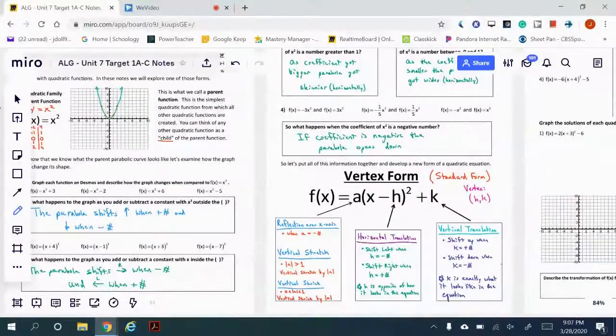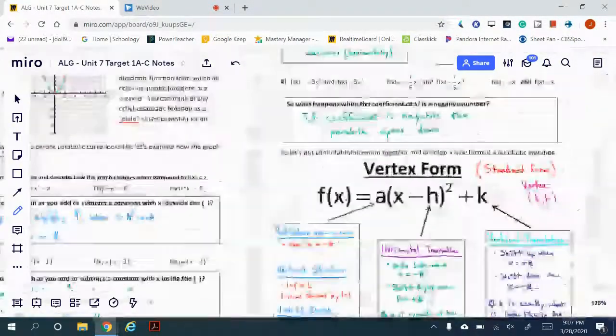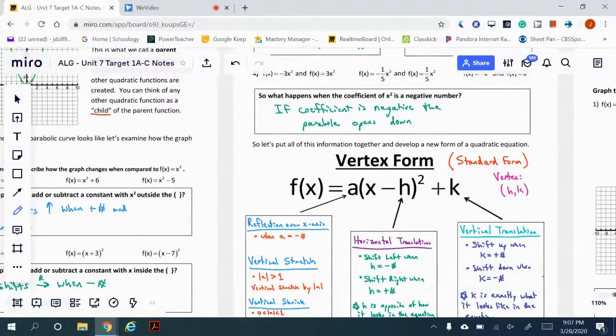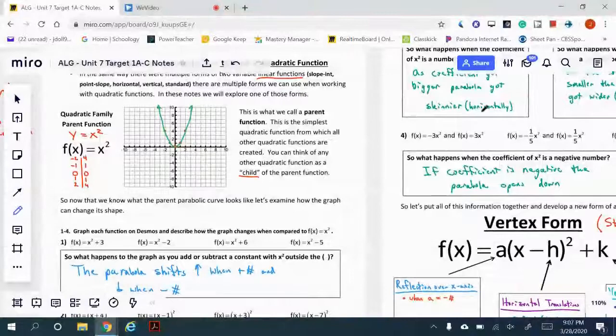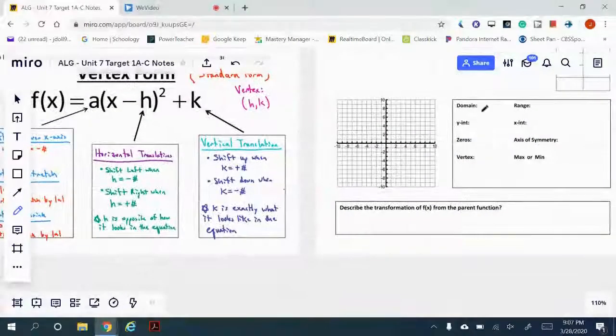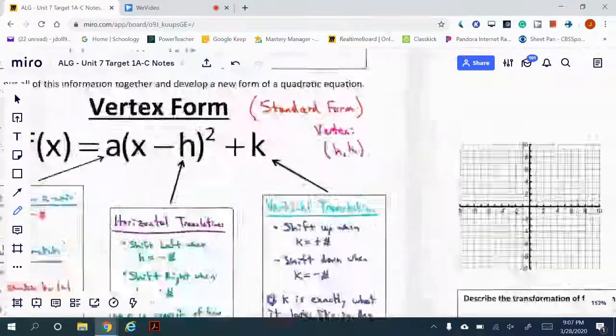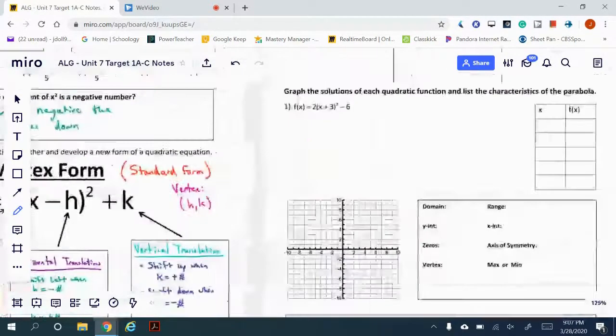Because the vertex of our parent function is 0, 0, H and K, when we shift up, down, left, or right, that is going to move that vertex from 0, 0 that exact amount of units, and define the vertex of our transformed parabola here. So one thing we've really got to realize, guys, is that H and K are going to be really, really important for us in finding the vertex.